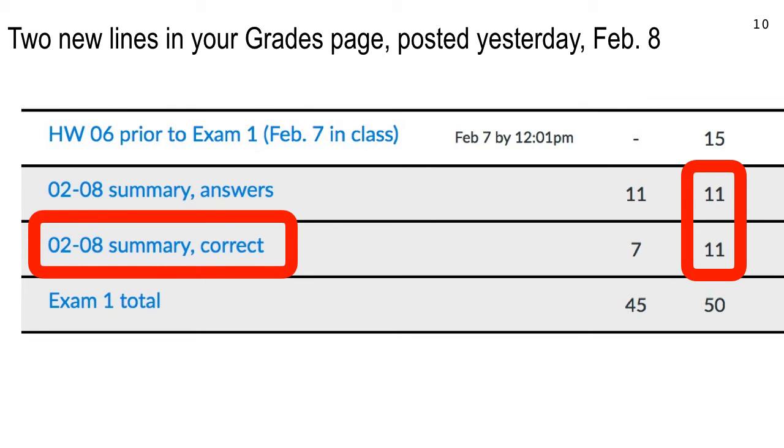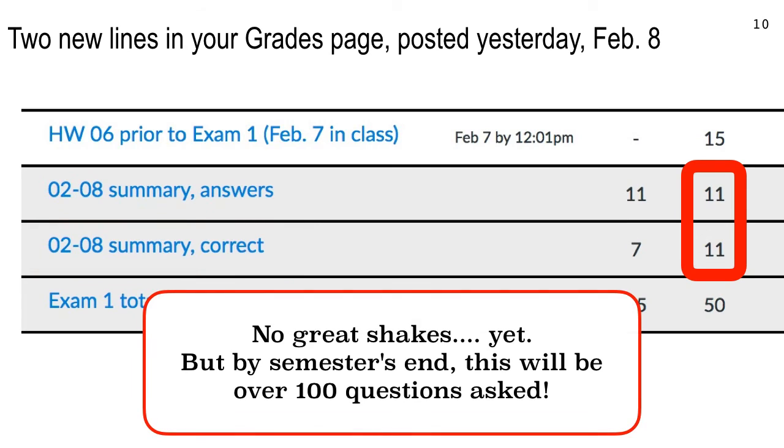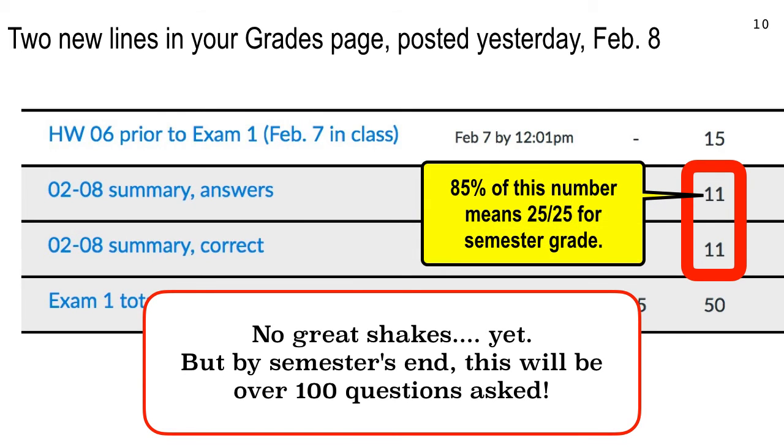All right, so it's no great shakes right now, but by the end of the semester, we're going to have over 100 most likely. So whatever this number is over here, you want to have 85% of that covered. All right, and if you do, you'll get 25 out of 25 on your semester grade. For the participation part, 10% of your semester grade.